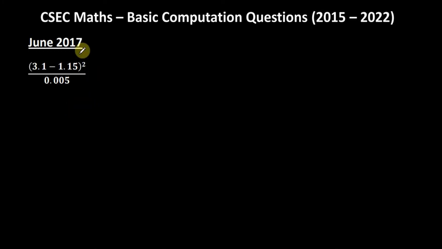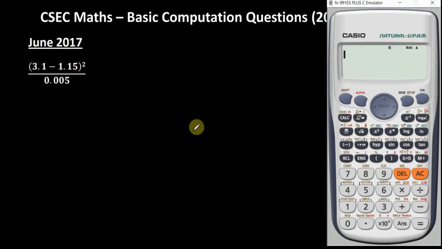Now we're looking at the June 2017 paper, and it reads, in the numerator we have in bracket 3.1 minus 1.15 all squared. In the denominator here we have 0.005, and again we can definitely use our calculator to help us out here, right? So there we go. Because it's a fraction, you want to tap on the fraction option here.